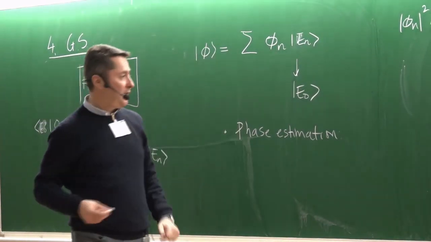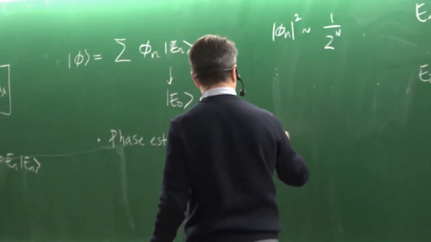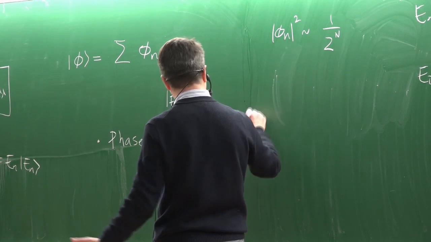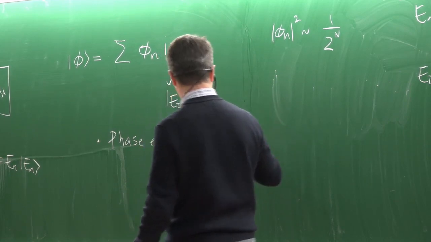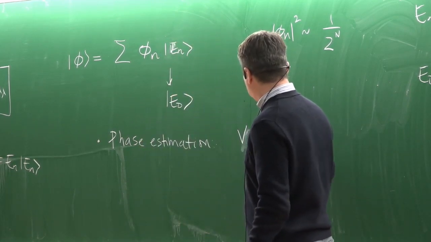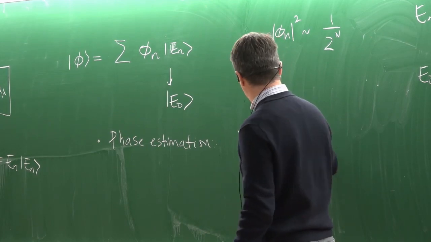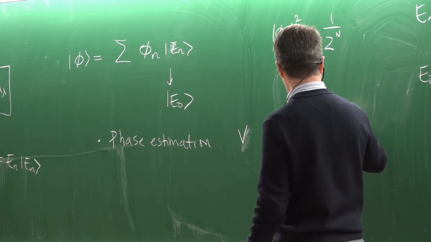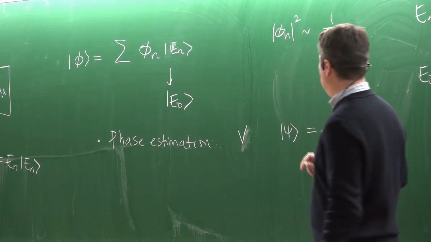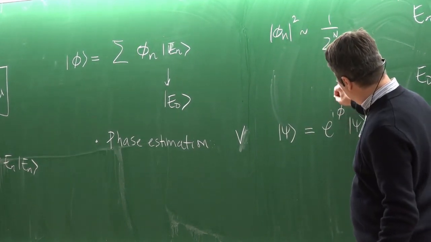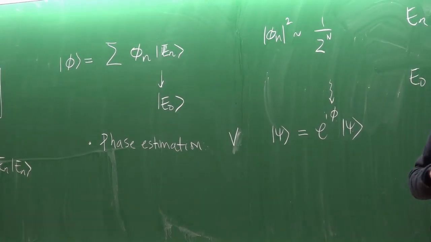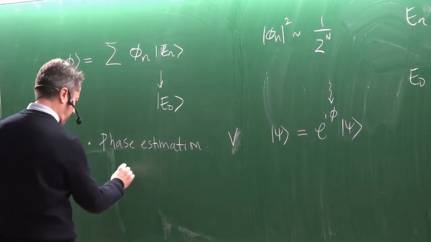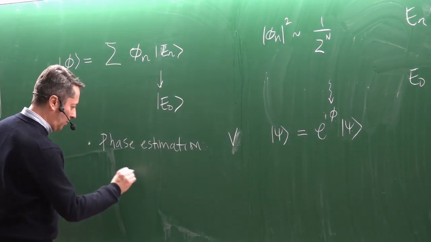And so the idea of phase estimation is that if you have a unitary operator V, and you start with a state psi that is an eigenstate, the algorithm allows you to compute this phase. I remind you, these are in books on quantum computation.